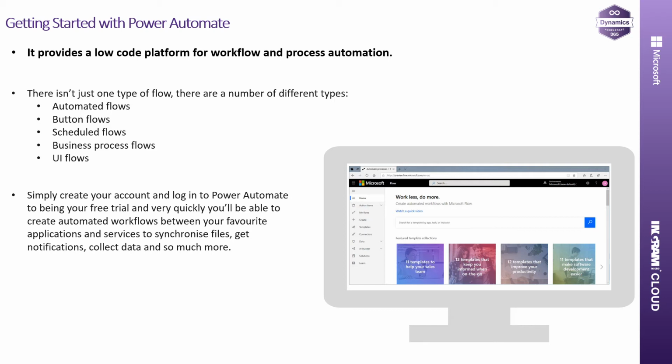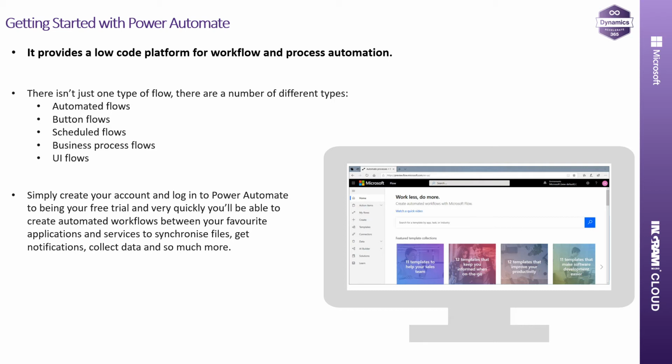There isn't just one type of flow, there are many different types. So for example, there's the automated flows. Create a flow that performs one or more tasks automatically after it's triggered by an event. There's button flows that run repetitive tasks from any place at any time via your mobile device. Scheduled flows create a flow that performs one or more tasks on a schedule.